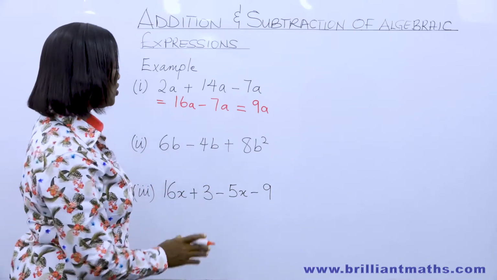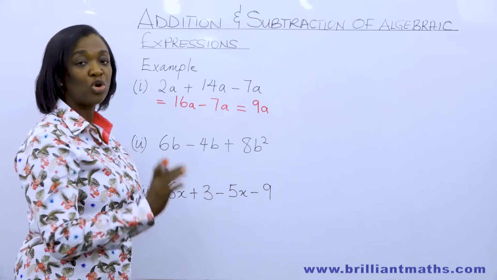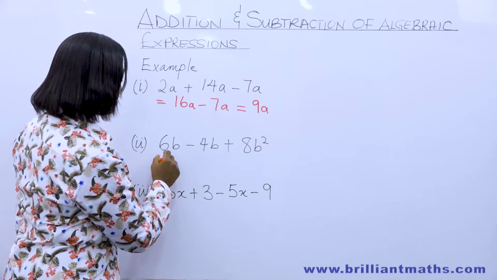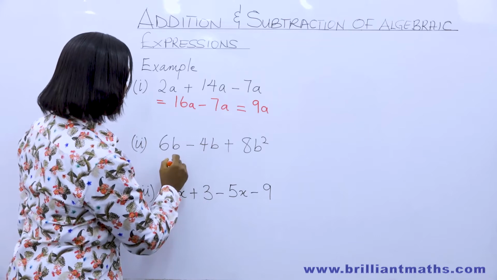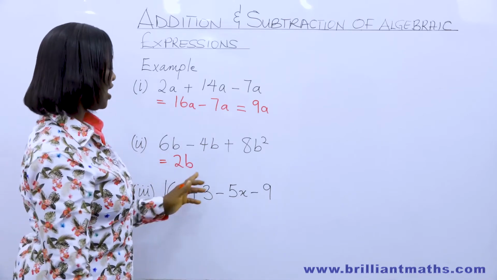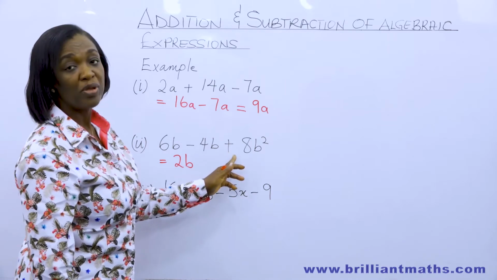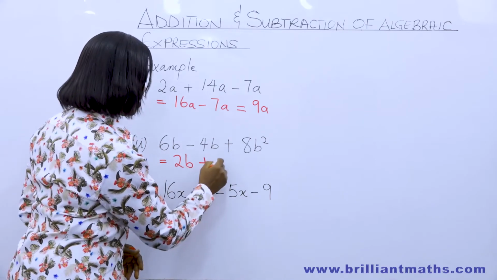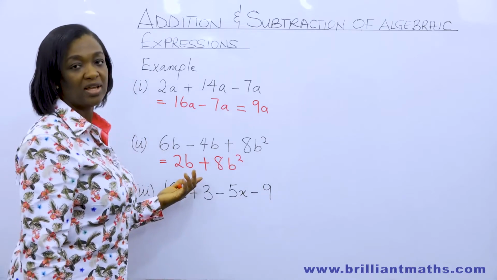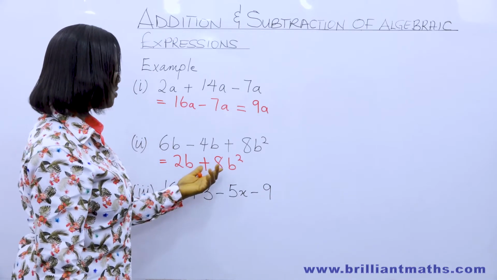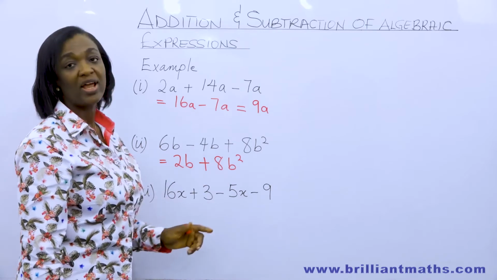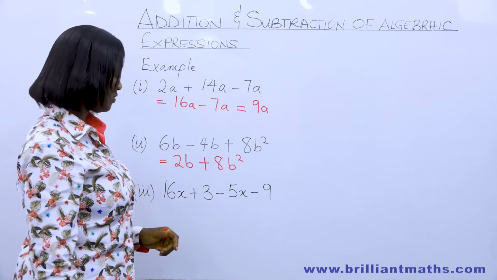So the first step will be to collect like terms or to group like terms together. So we have 6b minus 4b, which will give us 2b. And then it becomes 2b plus 8b squared. And that's our answer. We can't simplify it any further because 2b and 8b squared are unlike terms.